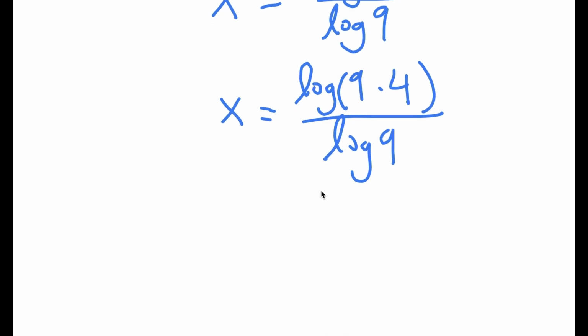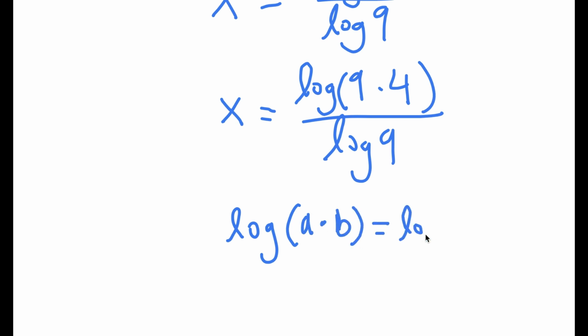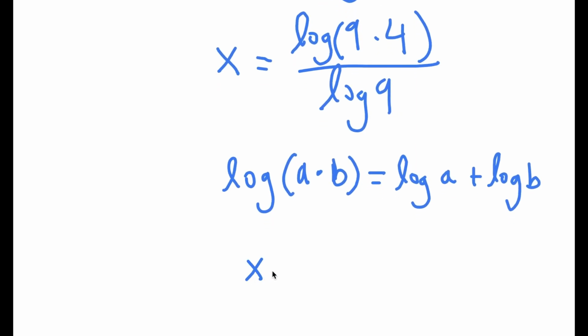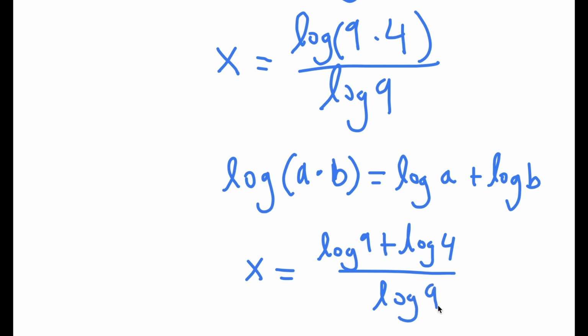So if I have something in the form log of a times b, this is the same thing as log a plus log b. So in this case, I have log 9 times 4, and I can rewrite that as log 9 plus log 4. Now I have this over log 9.